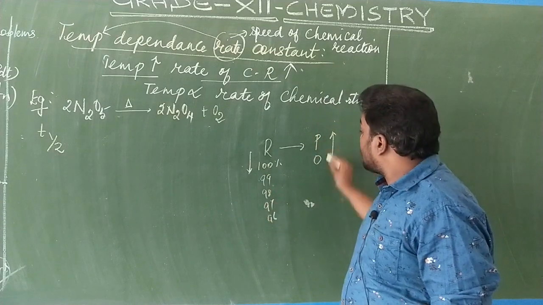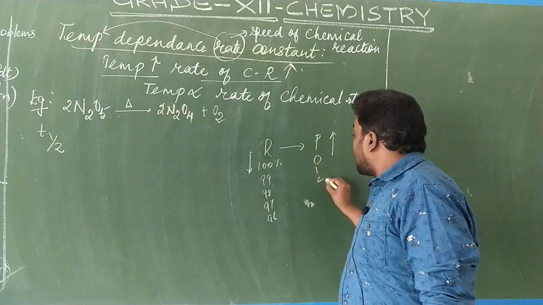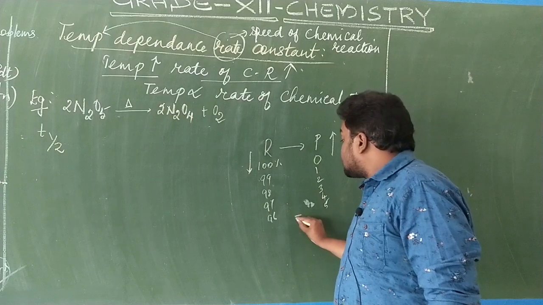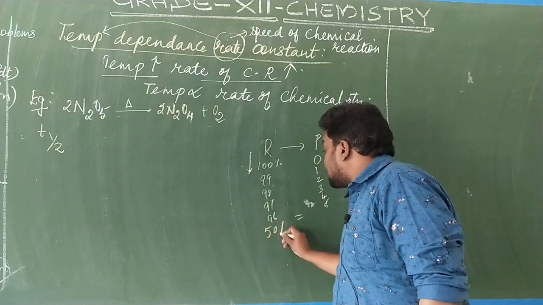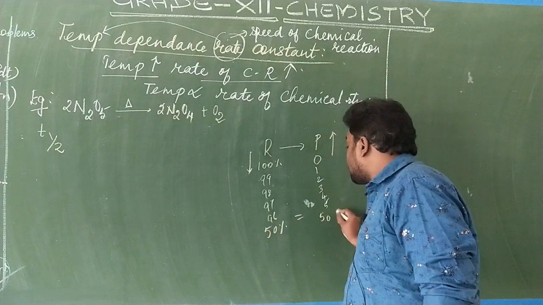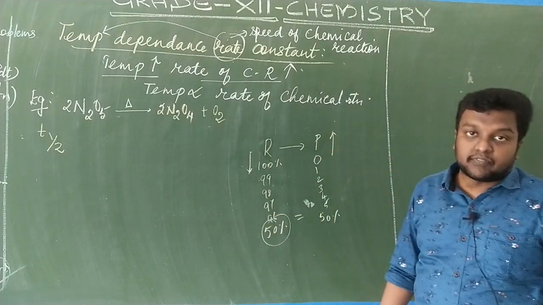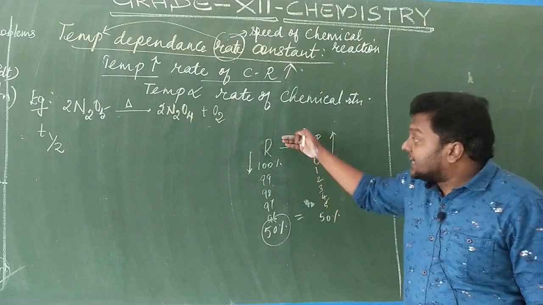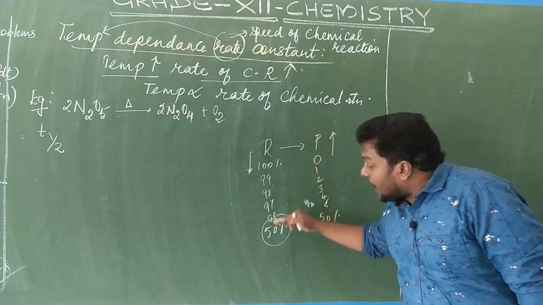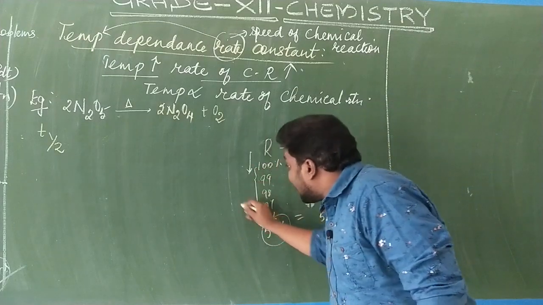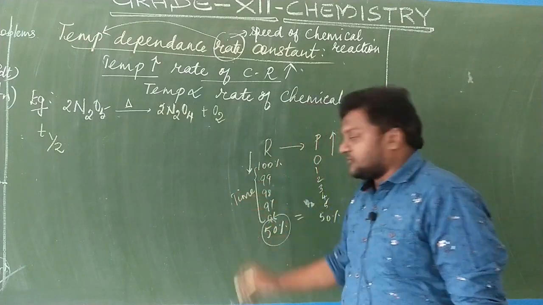Here the concentration goes on increasing, that means 0, 1, 2, 3, 4, 5, like that it increases. But there is a point where the concentration of the reactant and the concentration of the product will become 50. Now the concentration of the reactant will become 50. So the time taken for the initial concentration to reduce to 1/2 is called half life period.